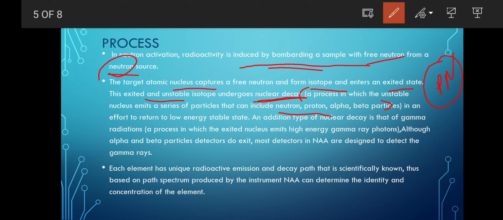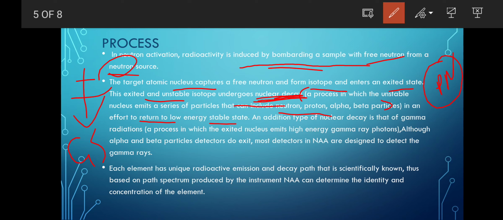So nuclear decay is nothing but giving out the extra particles. In an effort to return to a low energy or stable state, every element has a ground state, so they are not stable at any other energy level, and they need to come down to their ground state. To do that, they give up certain particles which are present there.